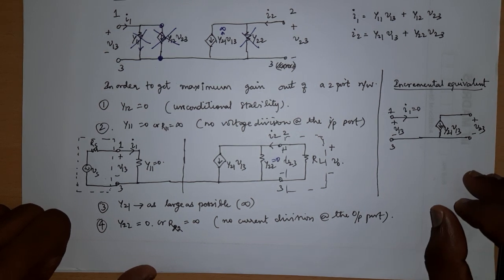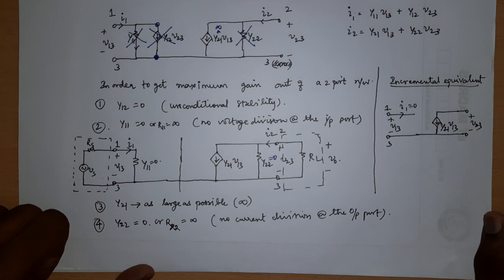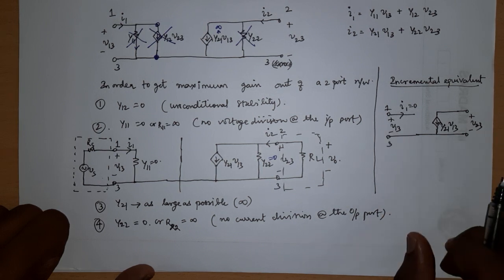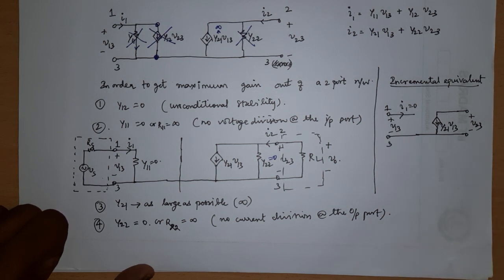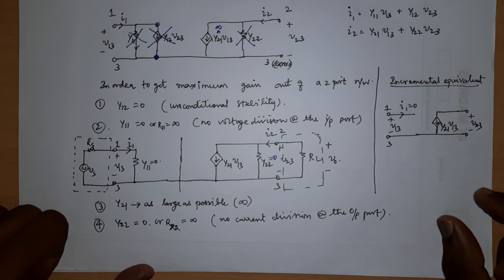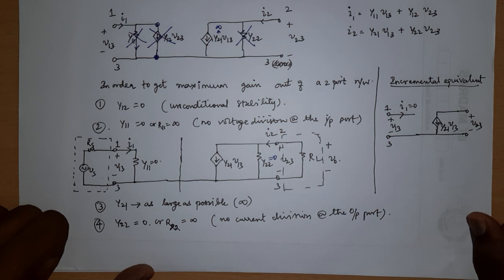That is what I am claiming. If you have any two port device whose incremental equivalent would look like this, then I can use that device as an amplifier. But then it is more meaningful to look at the large signal behavior of any device whose incremental equivalent would look like this, because in reality, whenever they manufacture devices, they will do IV characterization or IV measurement, or terminal characteristics measurement.